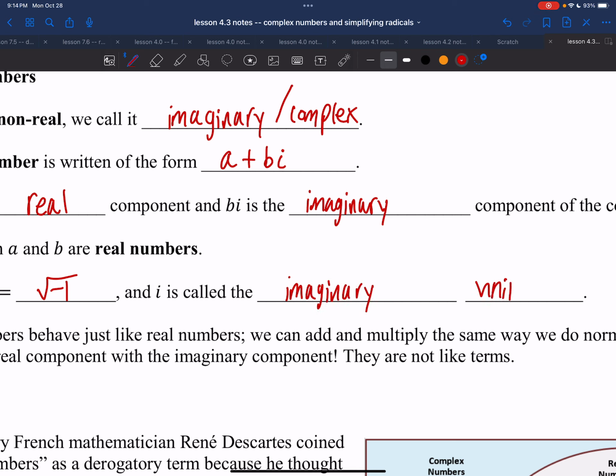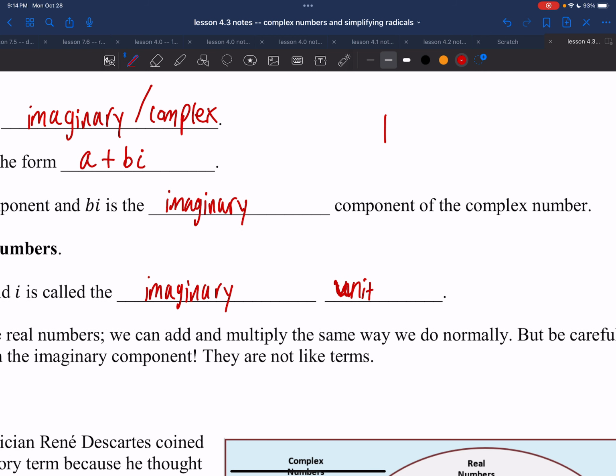And we say unit. Unit is like the counting value. So the unit in the real numbers is 1 because our counting numbers are by 1. 1, 2, 3, 4, 5, right? They're all 1 apart. I is the imaginary unit. So each imaginary is I apart.